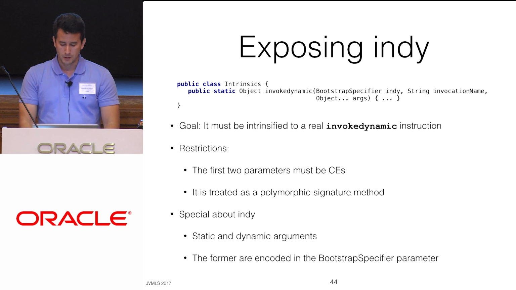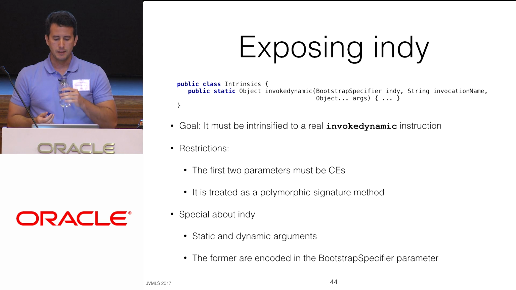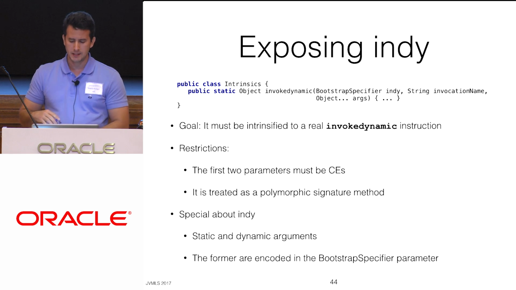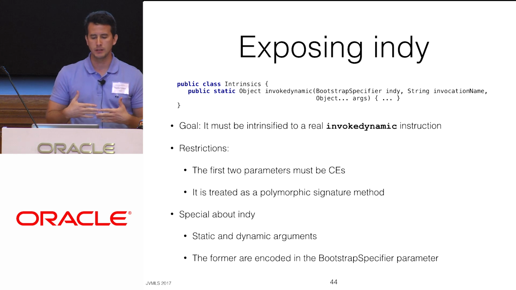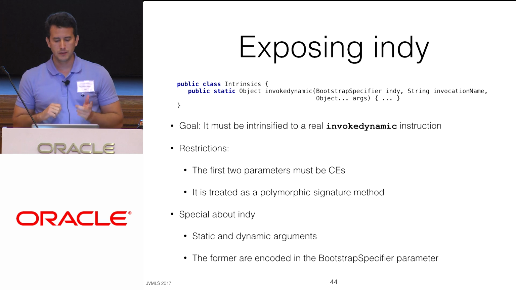This is the definition for InvokeDynamic in the intrinsics class. We have a Bootstrap specifier argument, an invocation name, and an array of object arguments. The idea is that this should generate an InvokeDynamic instruction in the code with the following restrictions.